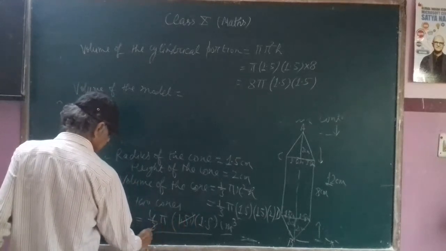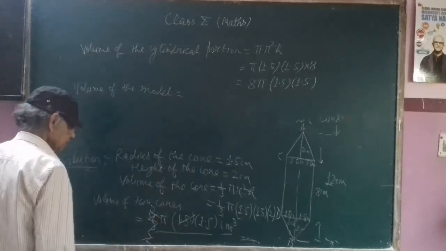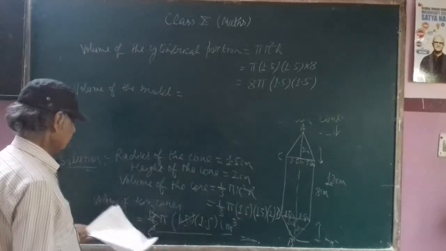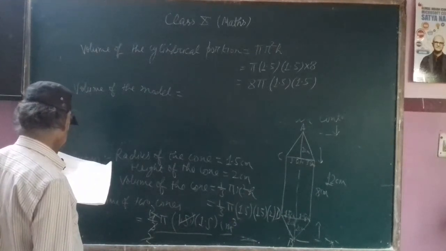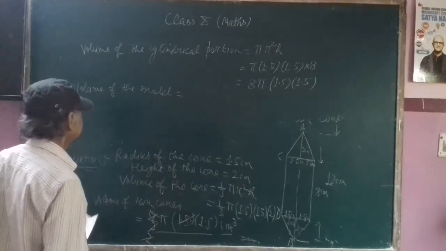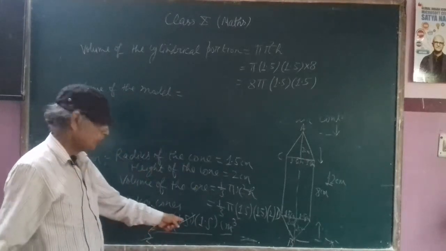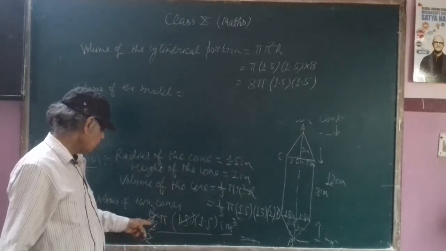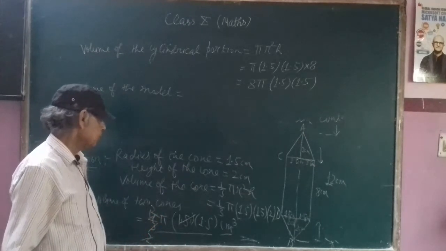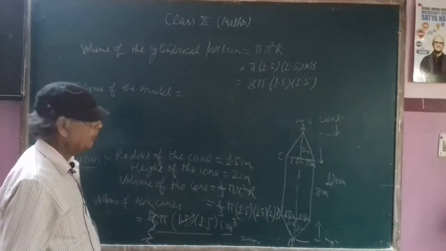Cancel out 2 and 4: 2 pi into 1.5, you get 3 pi. Here the 1.5 cancels out, you get 2, and 2 into 4 divides to give 2 pi. So 2 into 1.5 is 3 pi.